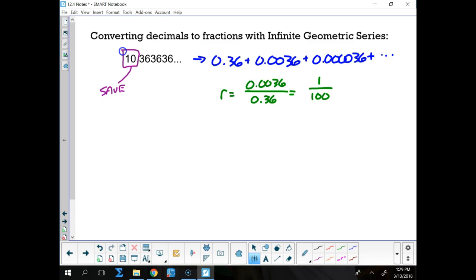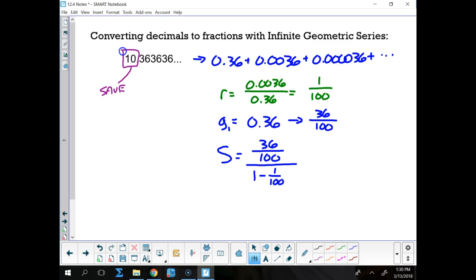Okay. My first term is going to be 0.36, which is 36 over 100. And again, we don't need to reduce that. So my sum is going to be my first term over 1 minus my R value, which is 36 over 100 divided by 99 over 100.